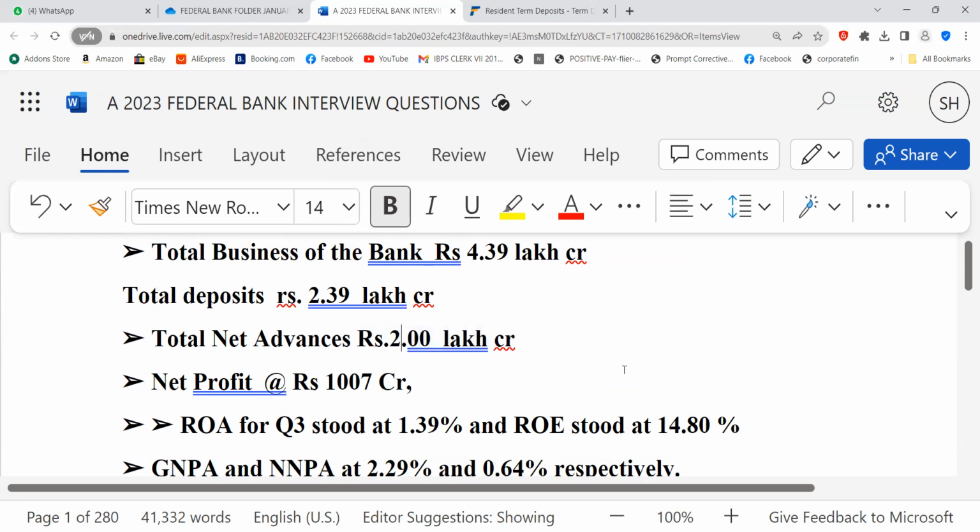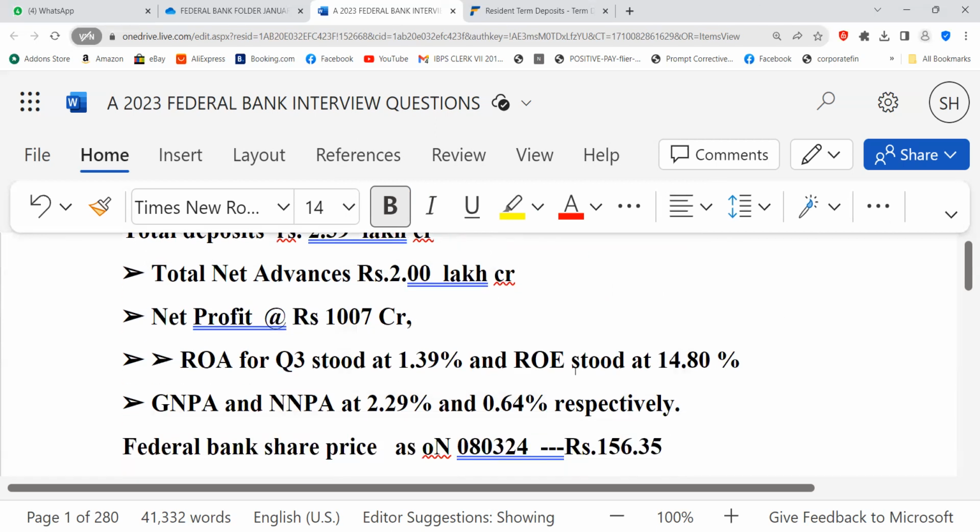Yes, 2 lakh crore. Net profit is rupees 1007 crore, and ROA for quarter 3 stood at... What is quarter 1 period? I don't know about that, sir. Quarter 1 is 1st April to 30th June.